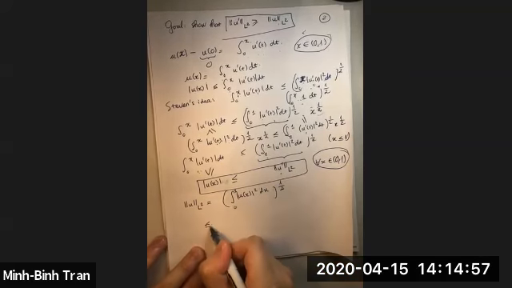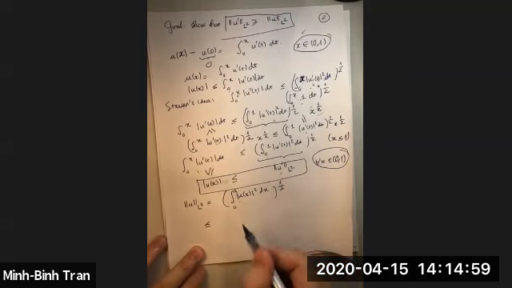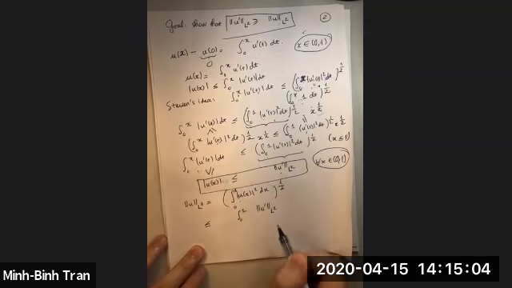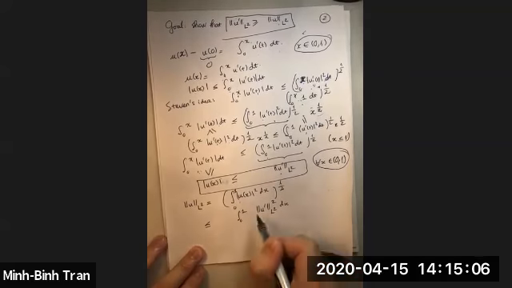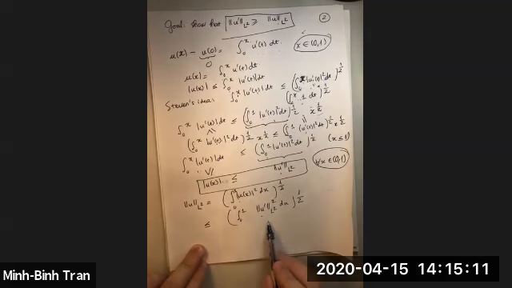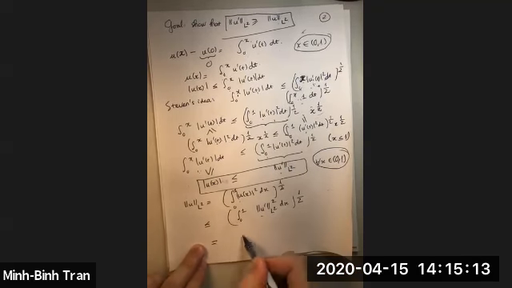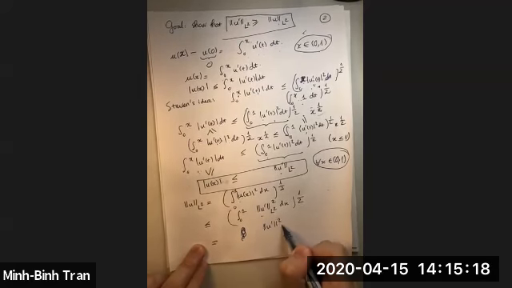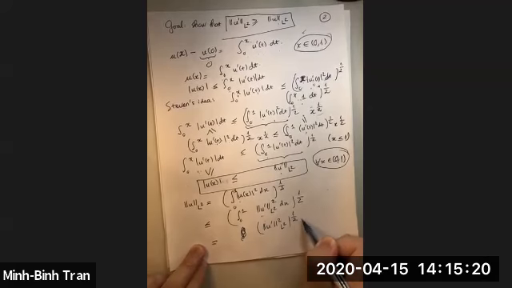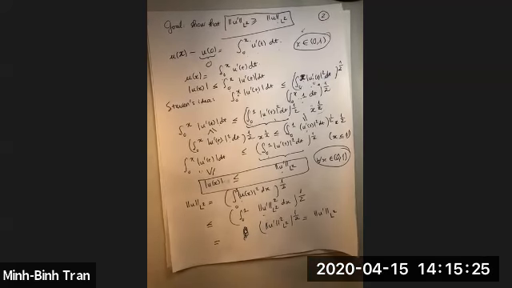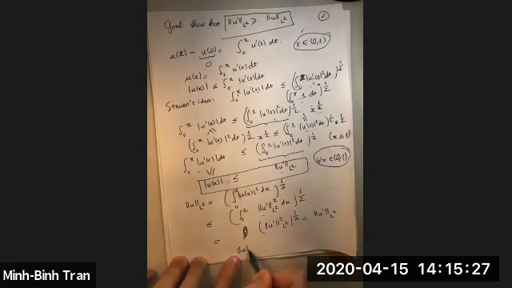So u(x) is smaller than the u' norm, so here I put the u' norm squared, dx, to the power 1/2. But this norm is a constant, right? So when you integrate, you get the L2 norm of u' squared, and then the power 1/2. So this gives you the L2 norm of u', and that's it. So basically, the L2 norm of u is smaller than the L2 norm of u'.